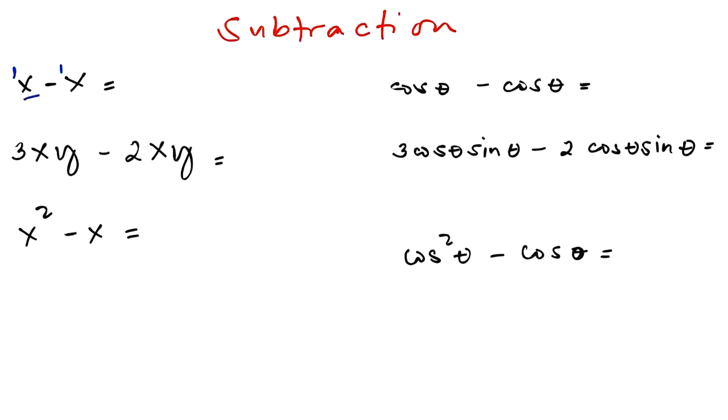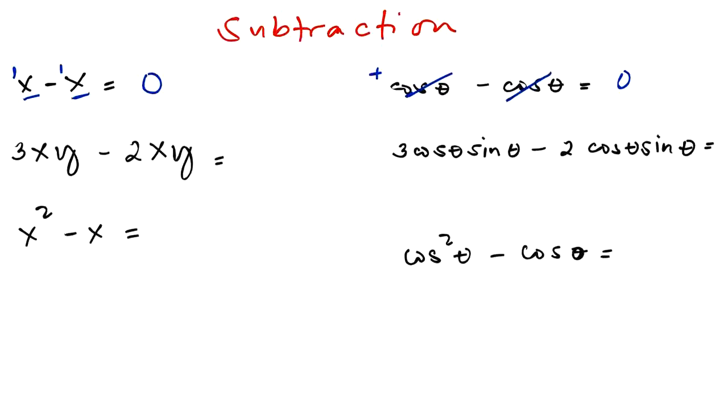And like term sila kasi meron silang same variable which is x with the same exponent which is 1. Sabihin, 1 minus 1 that is 0. Since 0 yan, hindi mo na kailangan copy. 0 nga, di ba? And for trigonometric expression, cosine theta minus cosine theta, automatically it becomes 0 kasi you have positive and then negative, cancel na yan. Cancel na, magiging 0 na yan.